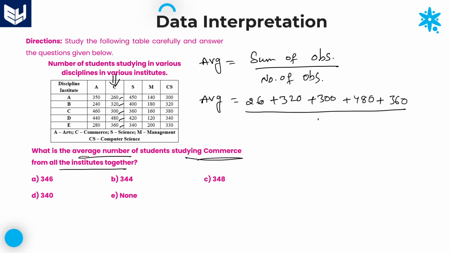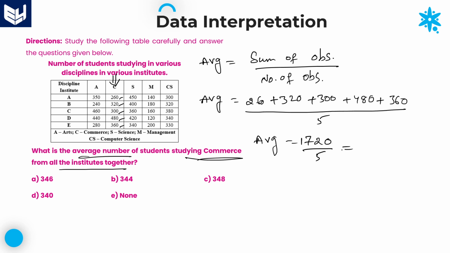How many observations do we have? 5. Therefore, you need to take the sum of all those values. Here the unit place is 0. And next one, 6 plus 2, 8. 8 plus 8, 16. 16 plus 6, 22. 2 is the carry forward. 2 plus 2, 4, 7, 10, 14 and 17. 1720 divided by 5.